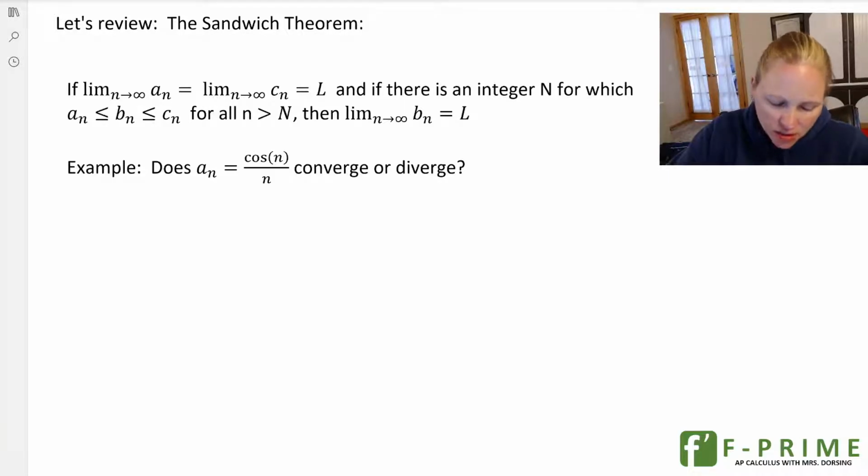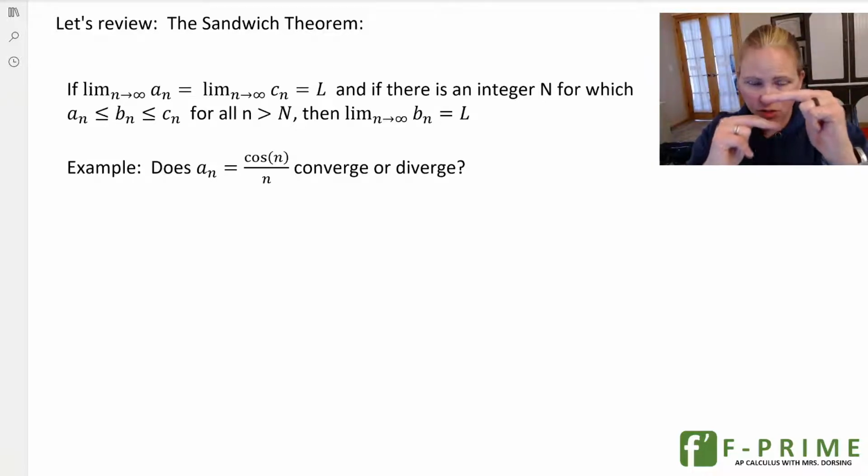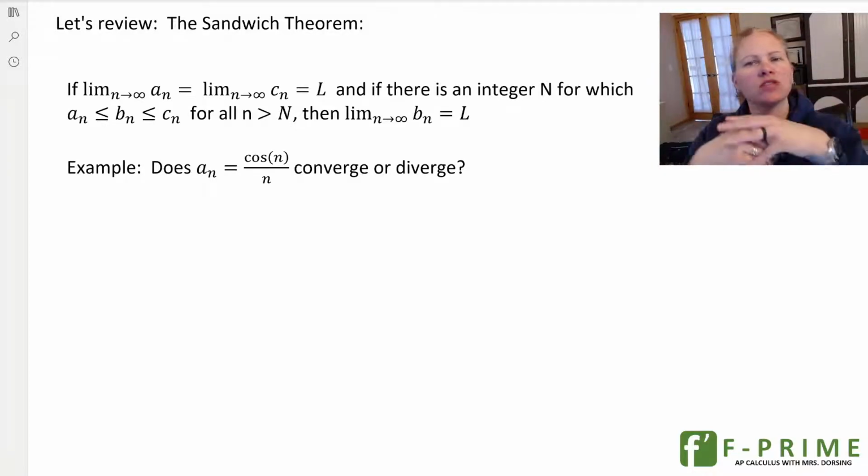The Sandwich Theorem is a wonderful tool for things that involve trig functions, things that oscillate back and forth, things that I know are going to be between a set value and another set value. Because the idea is, if I know that my function exists between two values, like for example, sines and cosines always exist between 1 and -1 in general.